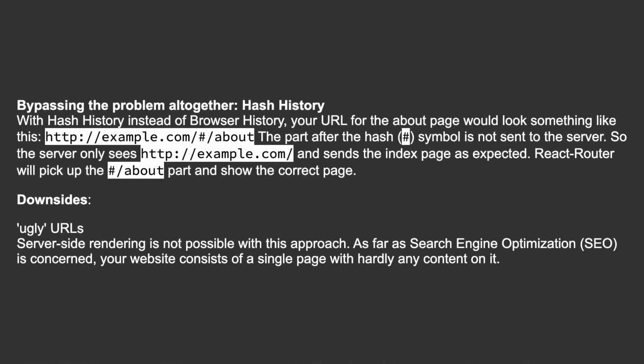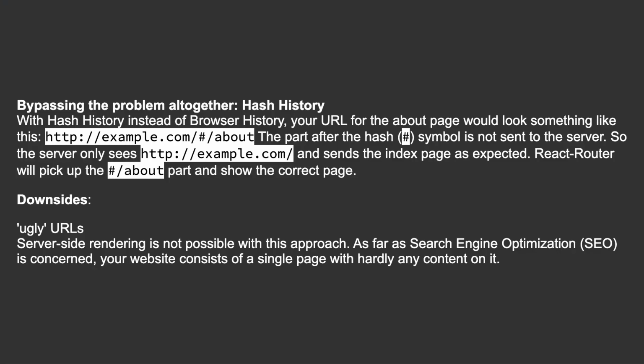Bypassing the problem altogether. Hash history. With hash history instead of browser history, your URL for the About page would look something like this. http://example.com/hash/about. The part after the hash symbol is not sent to the server, so the server only sees http://example.com/ and sends the index page as expected.